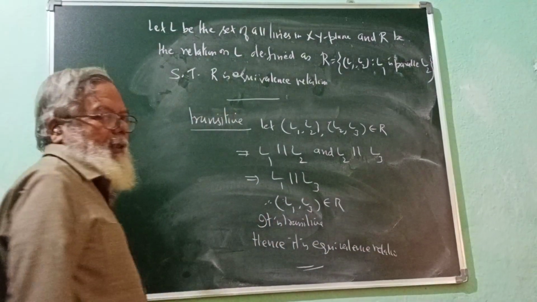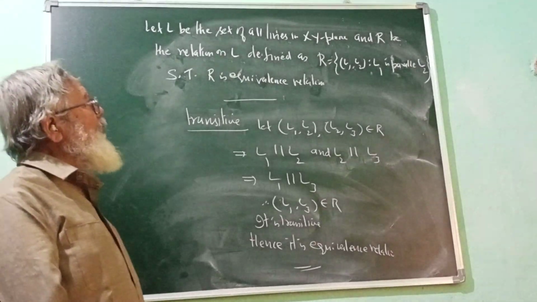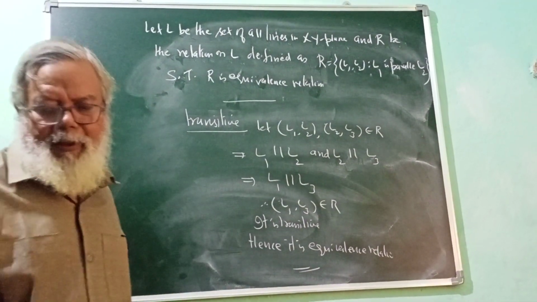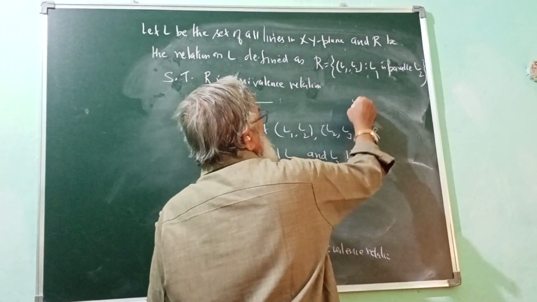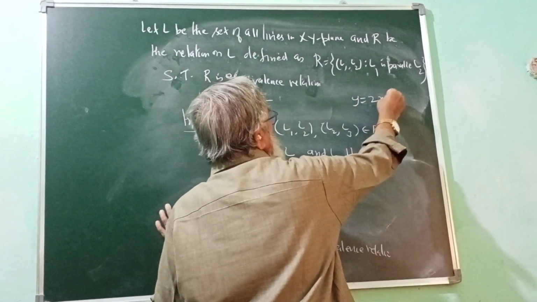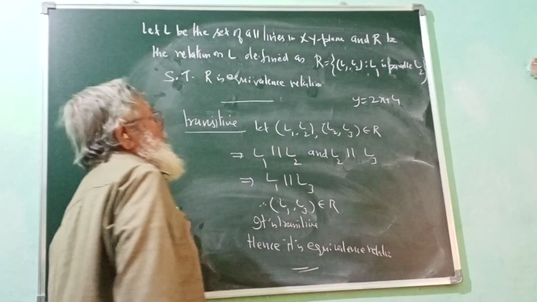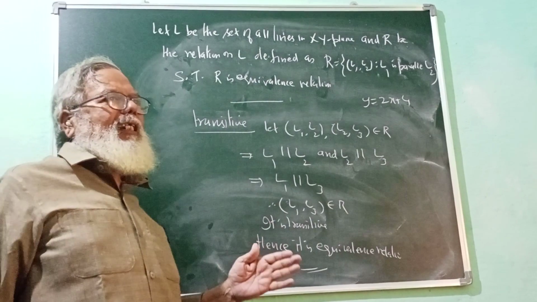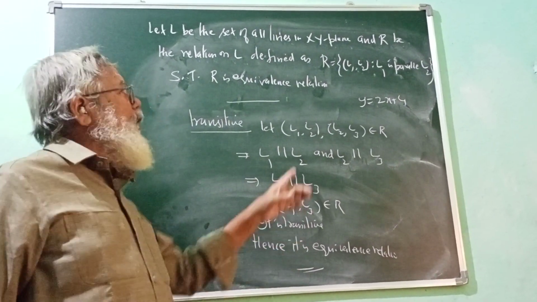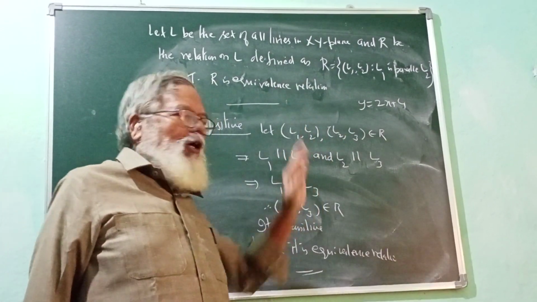That proves this problem. Now, if we ask to write down the set of equations which are parallel to 2x plus 4, which should belong to R, that means with the property of parallel lines, the slope will be the same.